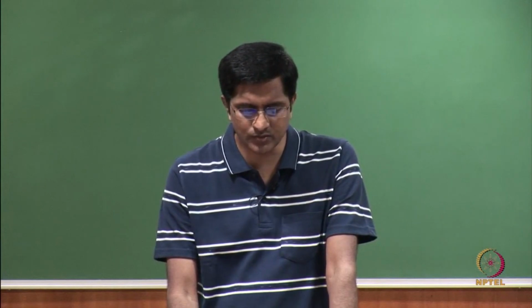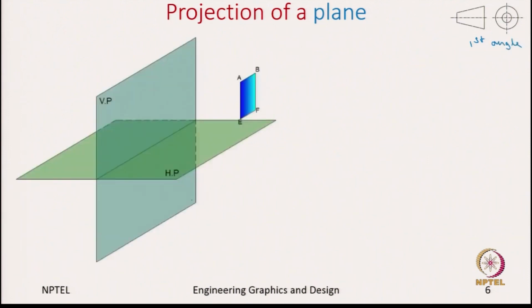Okay. Now, let us move to the next thing, which is projection of a plane. Again, this symbol says we are looking at first angle projection. So, now let us consider this plane A, B, F, E, which is parallel to the vertical plane but perpendicular to the horizontal plane.